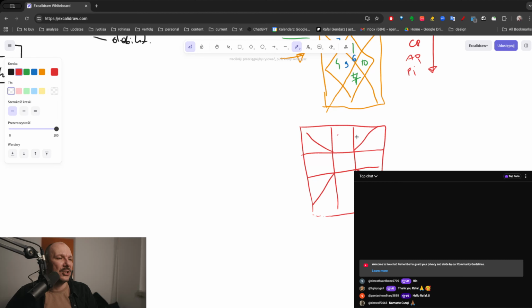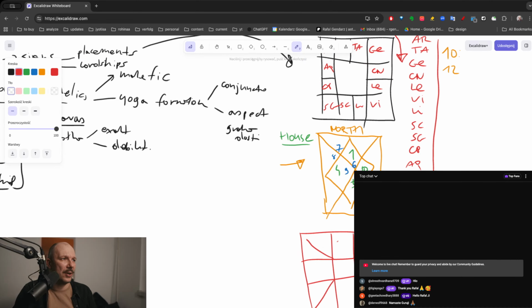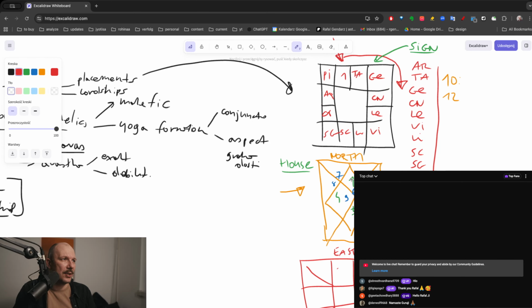And here, just like in this southern chart, so this is the Eastern chart. The one on the top is the southern chart. This is loaded by Jupiter, this is loaded by Venus, and this chart is loaded by the Sun.